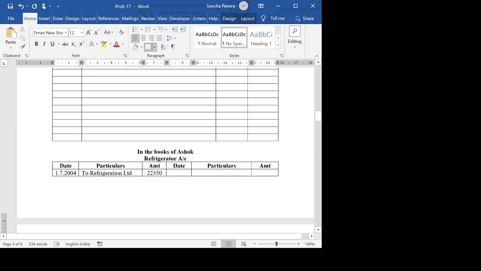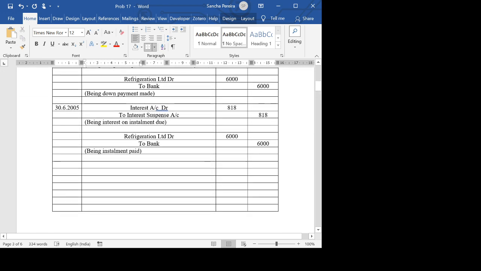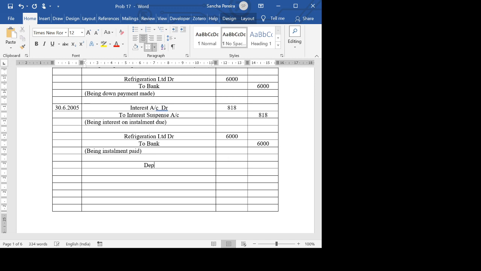Now we have depreciation in this problem, so we also need to provide for depreciation. What is the entry for depreciation? Depreciation account debit to the asset account.